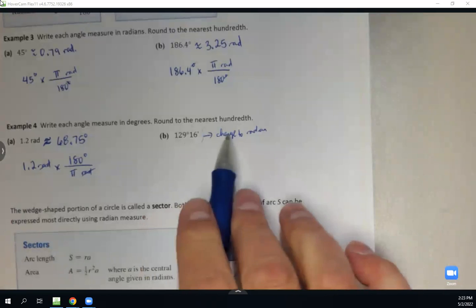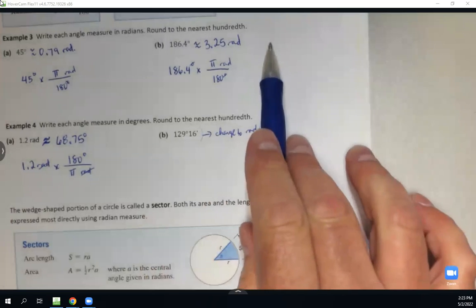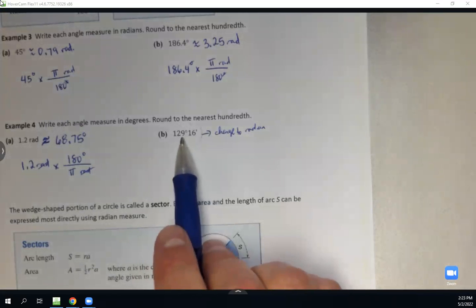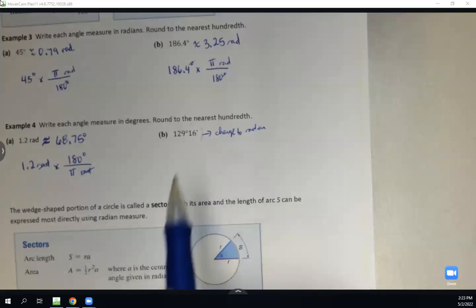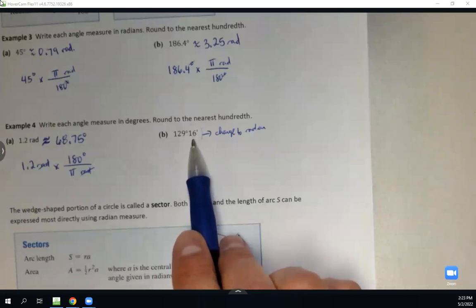And again, this is the same idea, but I goofed up here. I should have had this up as part C or something. But if I have 129 degrees and 16 minutes, in order to convert this into radians, I'm going to have to, first of all, convert the minutes into a decimal degree, okay?